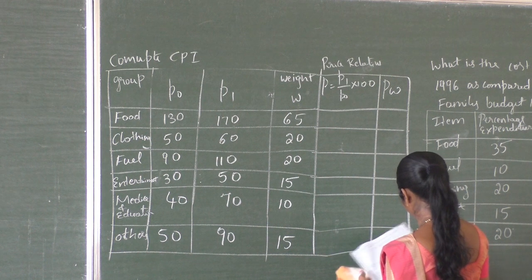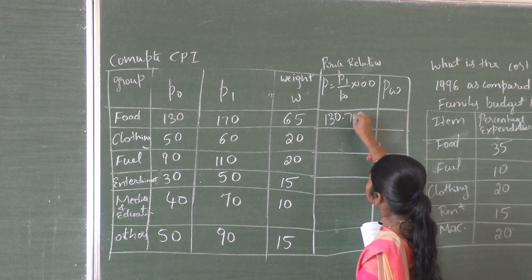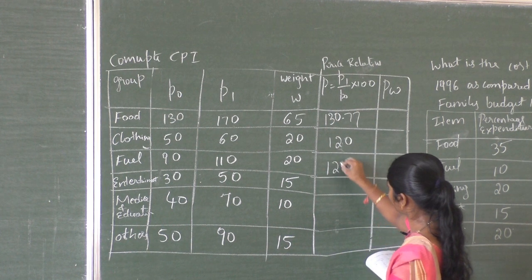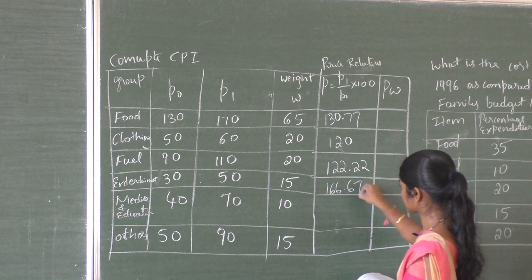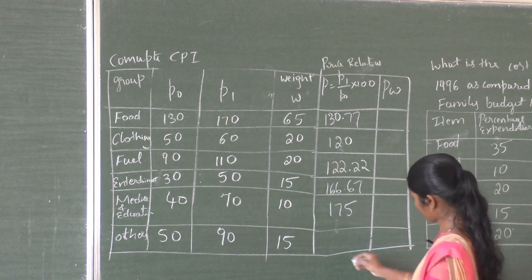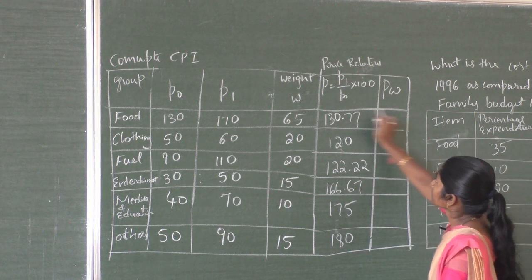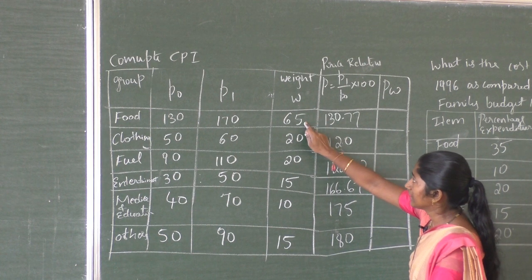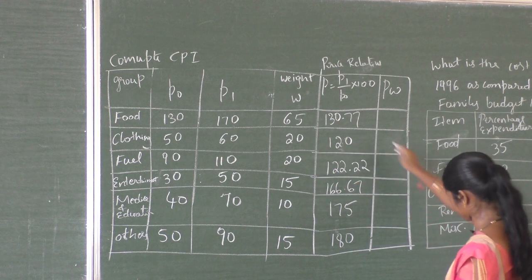That answer: 130.77, 120, next 122.22, 166.67, next 175, 180. We got it this way. Next, P into W. The price relative is multiplied with the W. 130.77 into 65, that answer. 120 into 20, that answer.